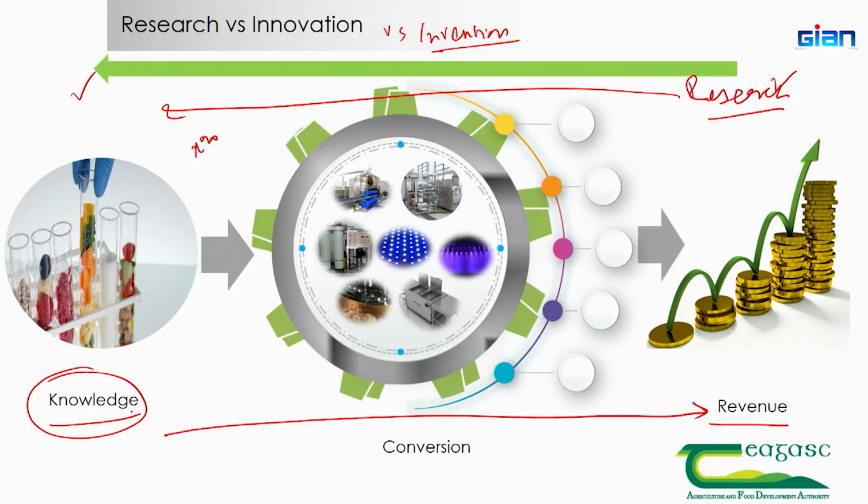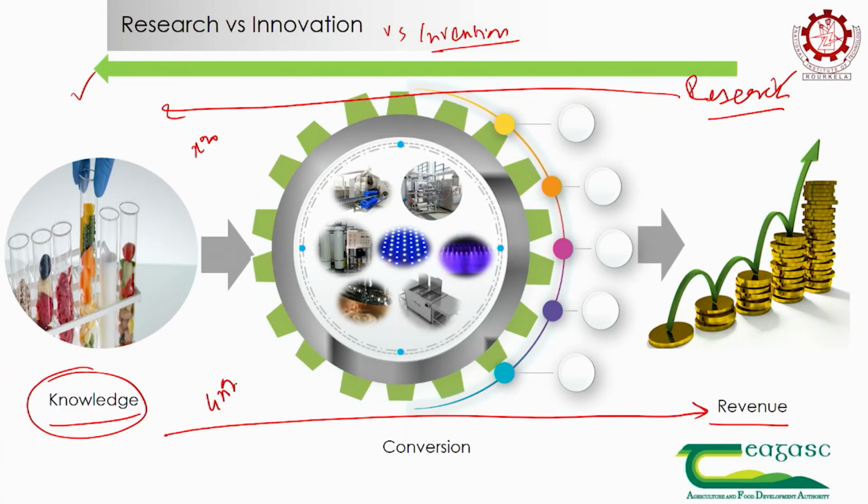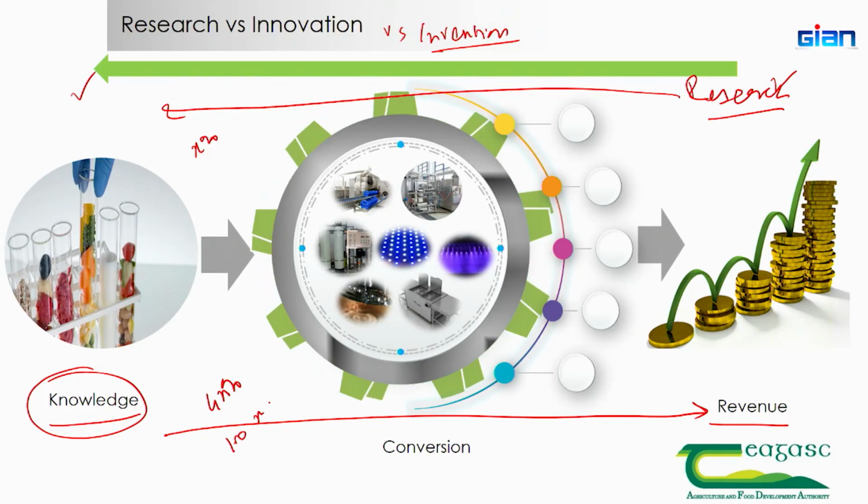The conversion ratio cannot be 100%. Revenue to knowledge is X percent, but knowledge to revenue can be quadruple, or 100 times X. That is the way we have to see research and innovation, and the difference between invention and innovation.